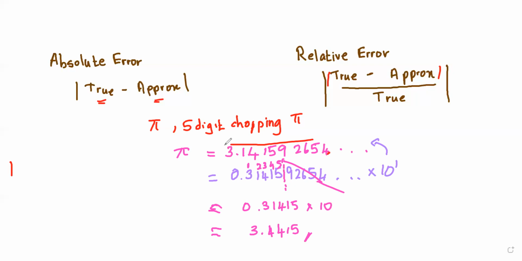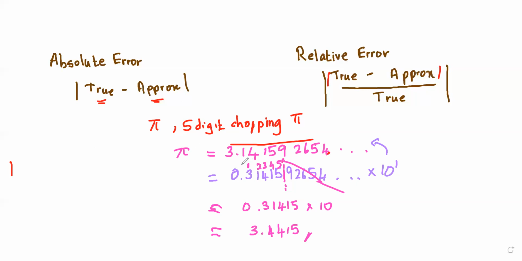We are going to compare with the approximate value, which has only 5 digits from chopping. So it's enough to use a true value that has more than 5 digits. You don't need to take all the digits. It's very difficult to get a clear idea if we have infinite digits for pi.